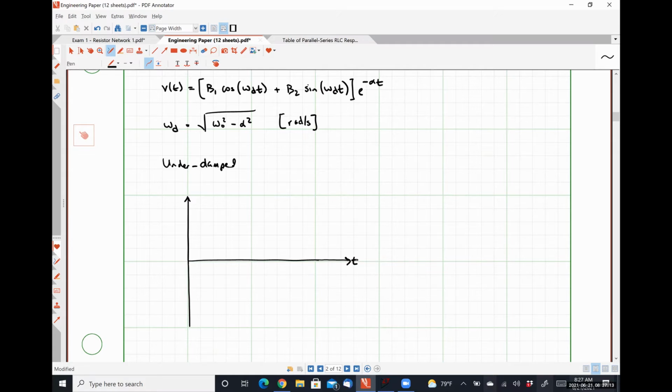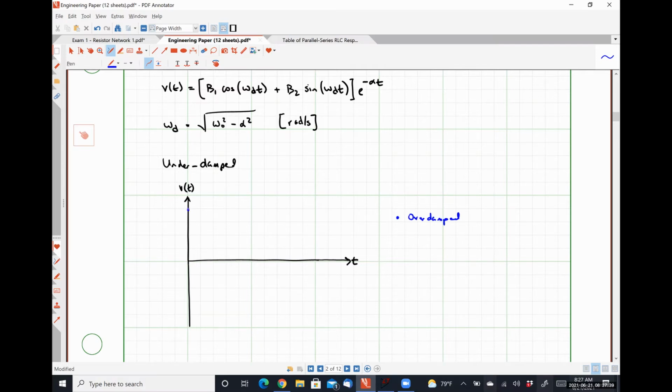This is time. And this is voltage in this particular instance. So let's say that this blue curve represents an overdamped system. So our response might look something like this.